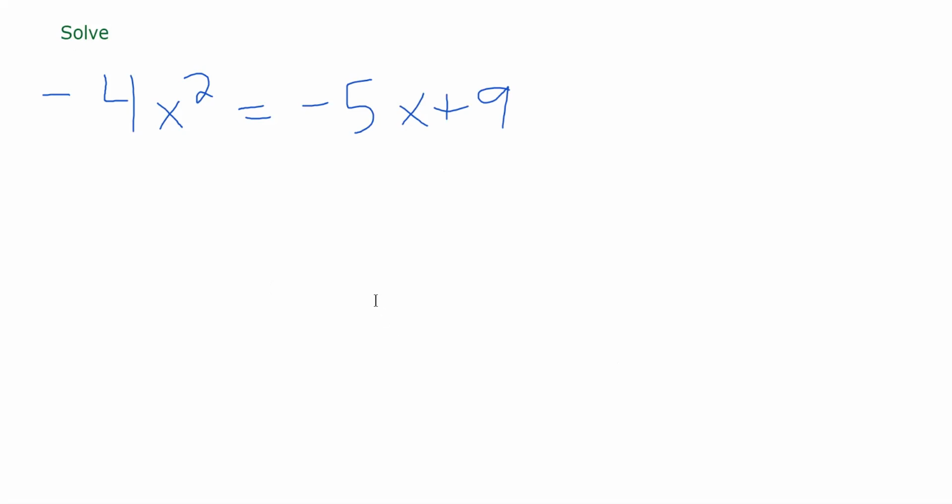Now, one thing we notice right off the bat is, if we're going to be using the quadratic formula, we're going to want to have everything on the same side of the equation. So what are we going to have to do here? What do you guys think?